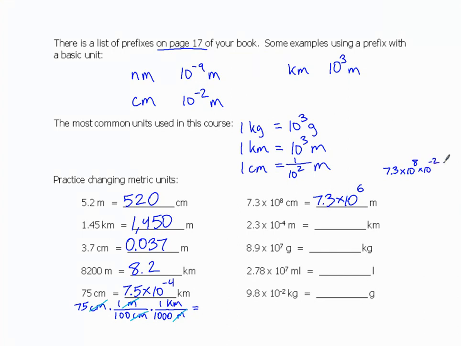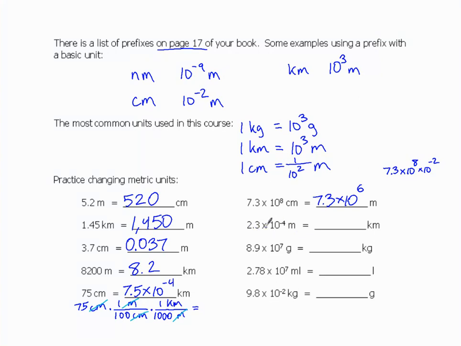And this goes back to that scientific notation thing that we did on day 1 of the pre-physics unit, where these have the same base, and so we add the exponents. 8 plus negative 2 is 6. 7.3 times 10 to the minus 4 meters. So that's a fraction of a meter. What is it in kilometers? It's going to be a very, very small fraction of a kilometer.